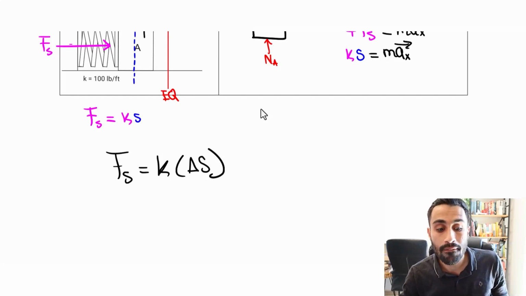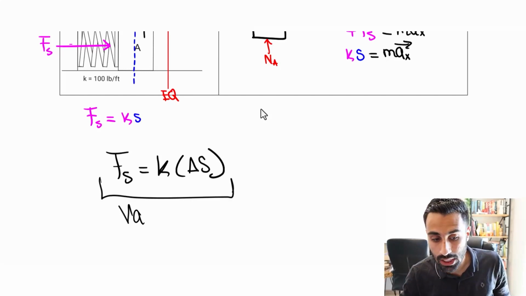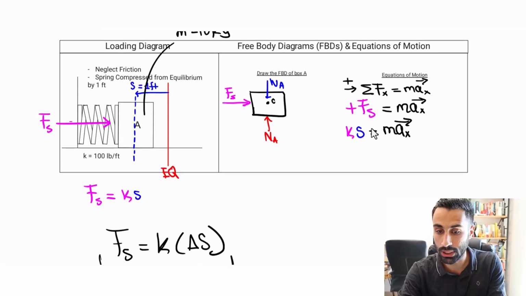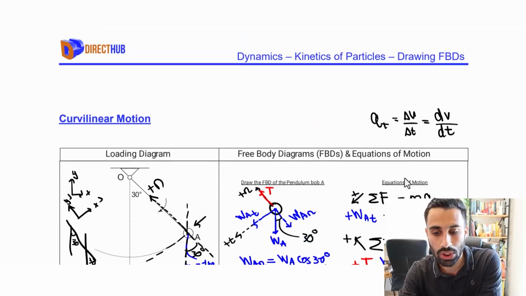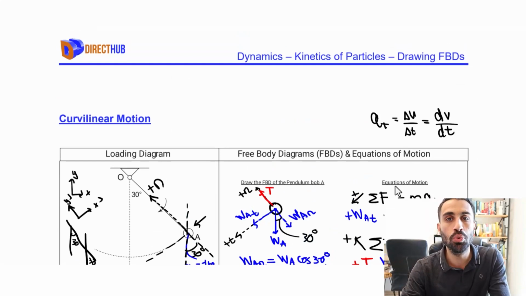It's going to be variable, and anytime we have a variable force, don't use the equations of motion. Do not use Newton's second law for basically all the spring problems.